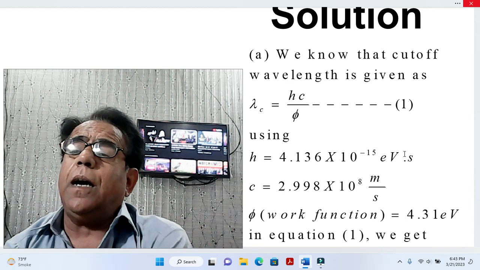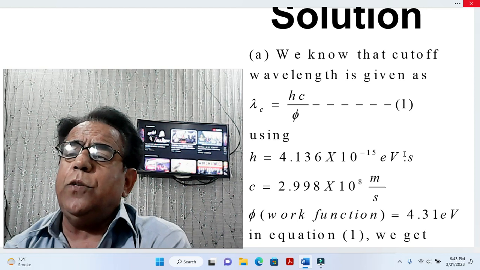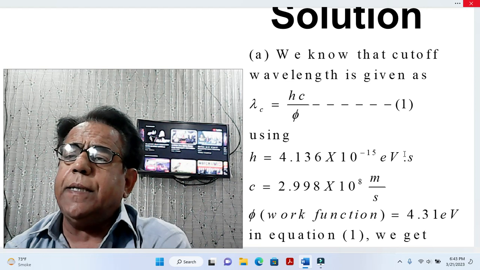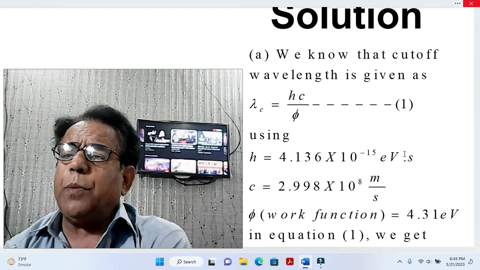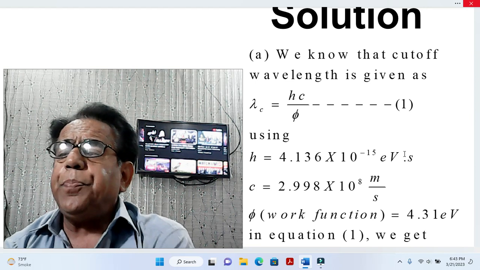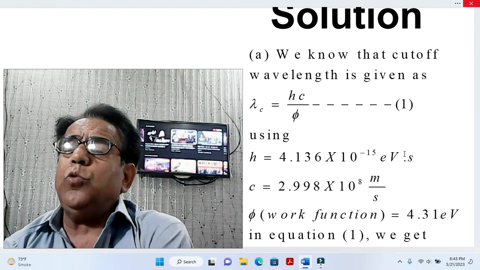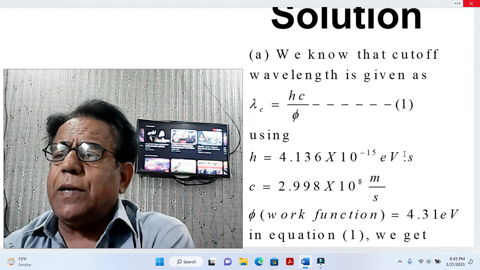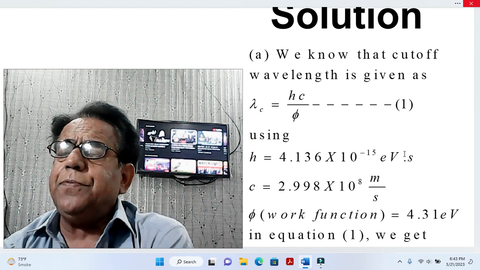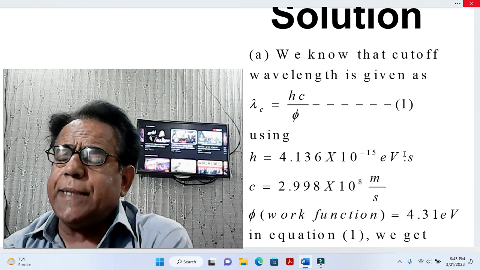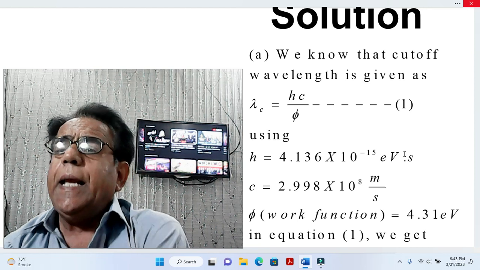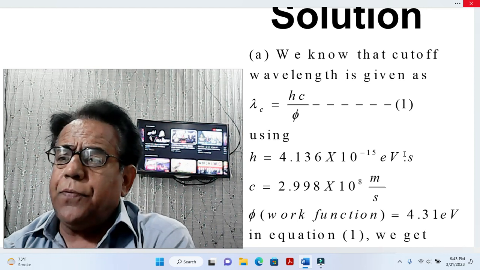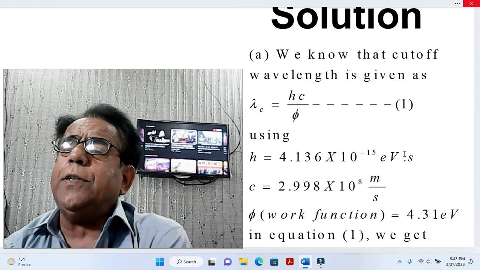Dear students, all these values are given in our problem: the two values in the numerator are given in the table introduced as tool number 1, and the work function of zinc is given in tool number 2.